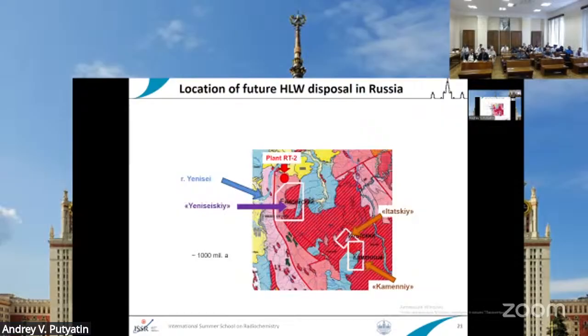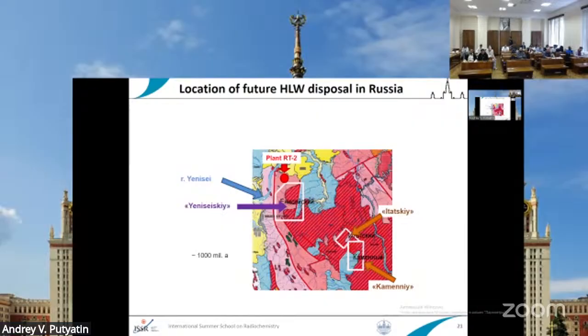It has maybe a somewhat worse geological situation, because it is at the exocontact of the massive granitic formation. You see that the Itatsky site is located inside this drop of the granite formation, but Yeniseiski is on the border between two geological formations, so there are some cracks inside this site.